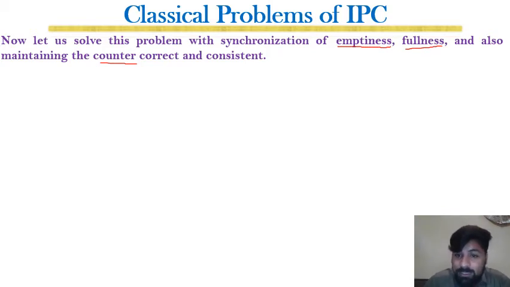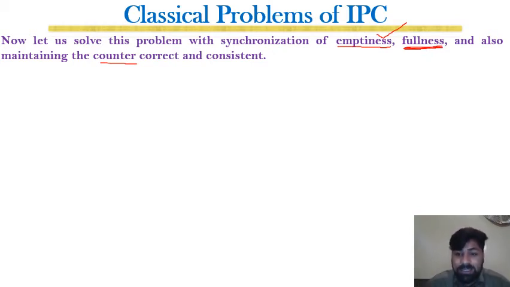The first constraint is that if the list is empty, then no consumer can enter to read the data from the buffer, because reading the data from an empty buffer itself becomes a critical section. Another critical section will be fullness: if the input buffer is full, then the producer process will not be able to produce a character.